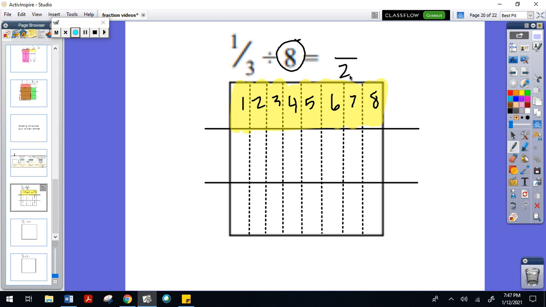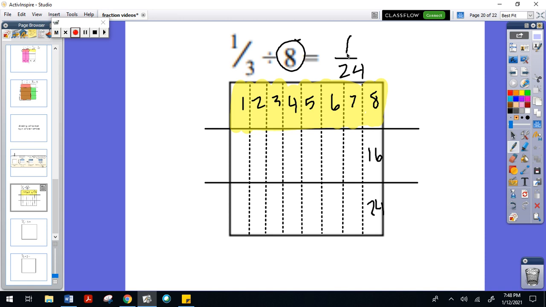Exactly, it's going to be 24, because if there's 8 pieces in the top row, that means in the middle row, another 8 pieces to give us 16, and then 24. Now, we are only focused on 1/3 divided by 8 wholes. So that means that 1/3 divided by 8 wholes is going to be 1/24.